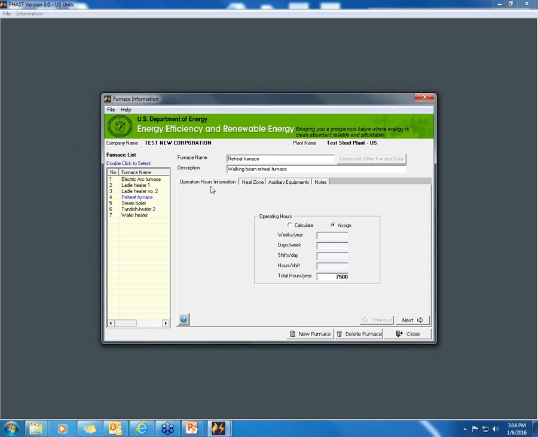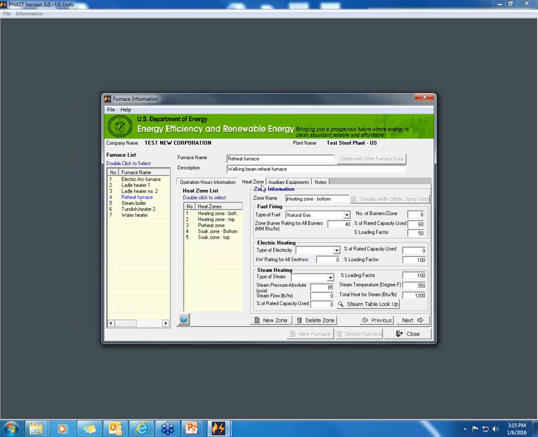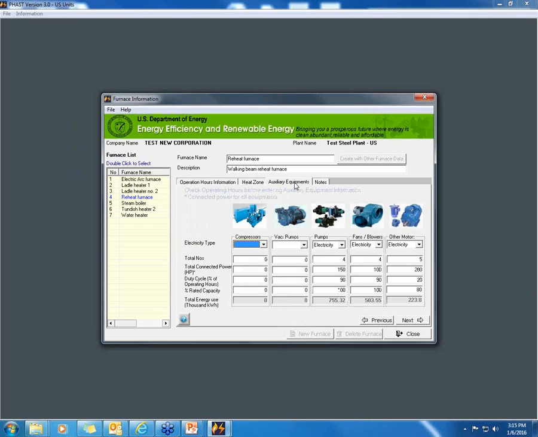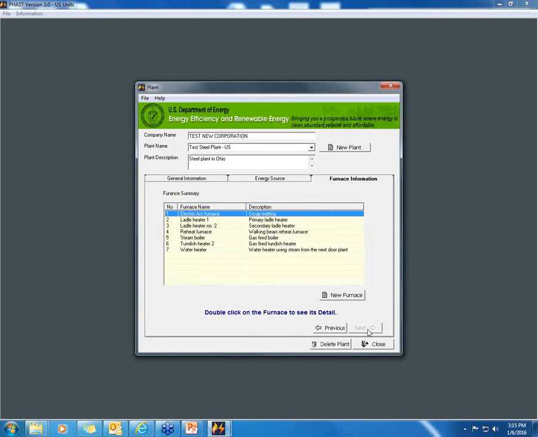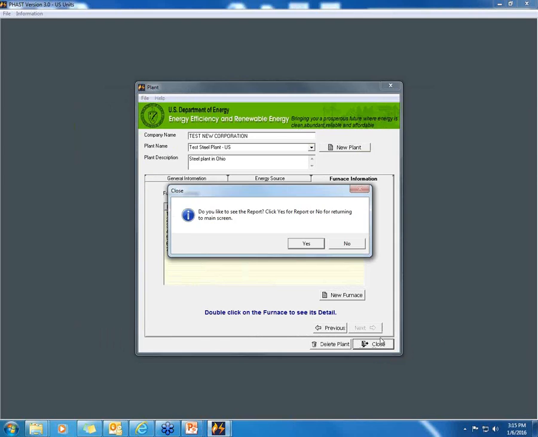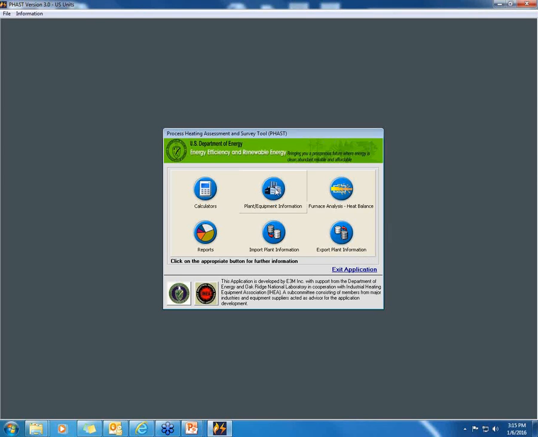So we entered operating hours information, heating zone related information, auxiliary equipment information, and we also added notes. Once that part is done, the plant or equipment information tab is complete. Now we are good to go to the next tab.